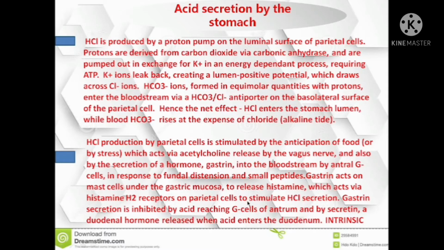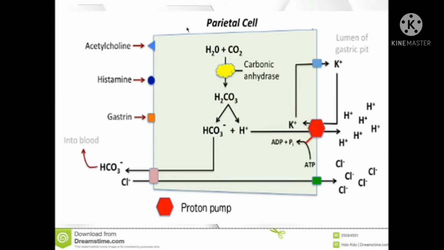And then gastrin secretion is inhibited by acid-reaching G cells. So what I want to take from this slide is that gastrin facilitates the production of hydrochloric acid in the stomach, okay? Important.